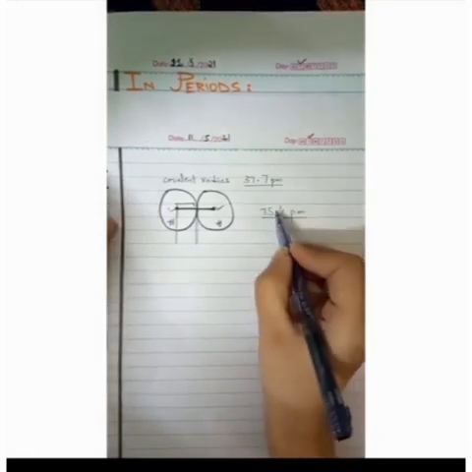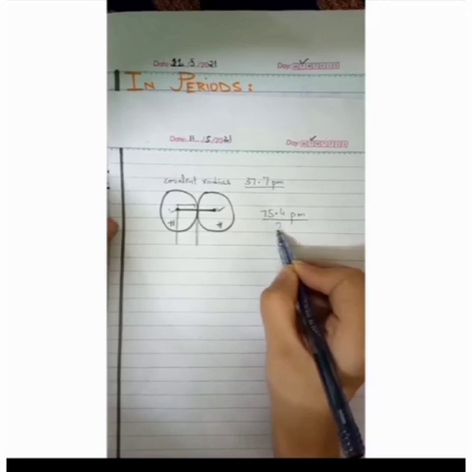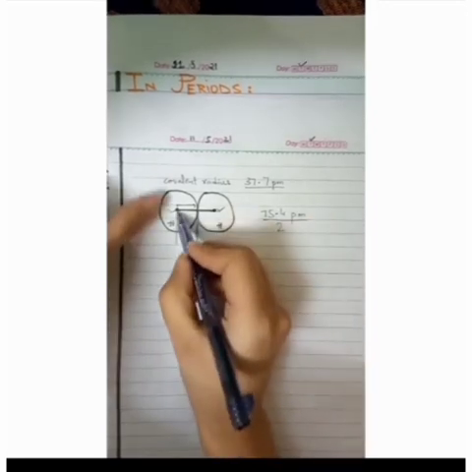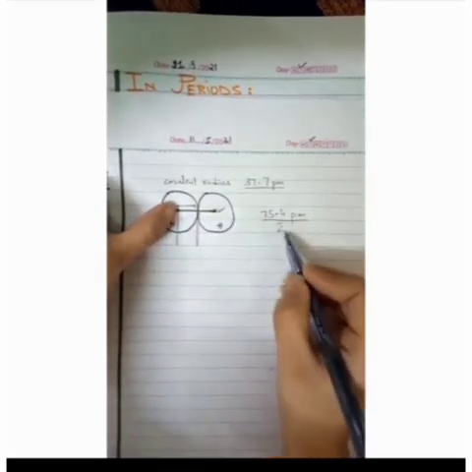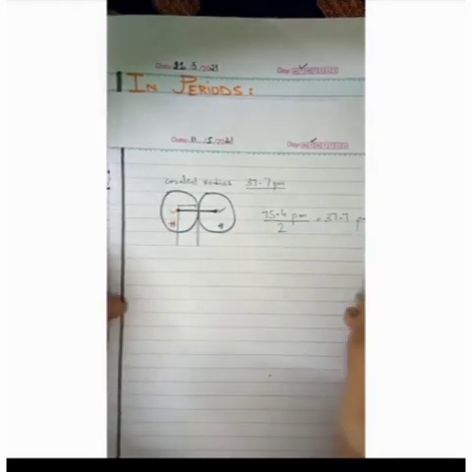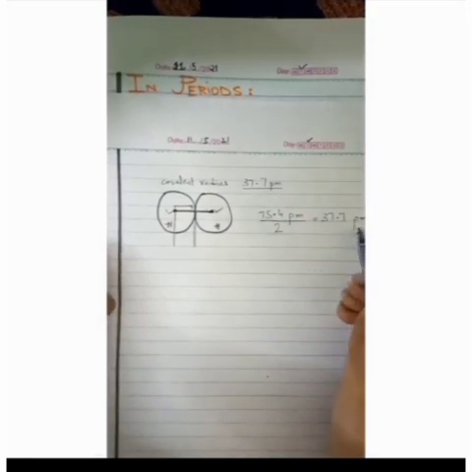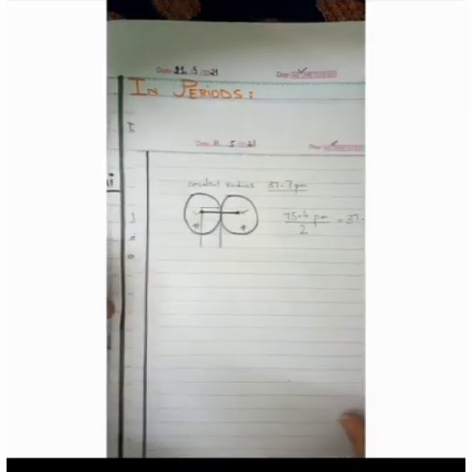If we take the half of this, we divide 75.4 picometer by 2, because we have to take one half distance. So we get 37.7 picometer, and this is the one half of the distance between the nuclei of two similar atoms of the same molecule, containing a single covalent bond.